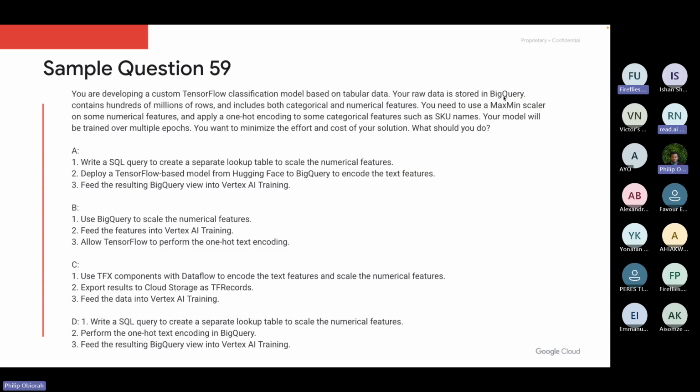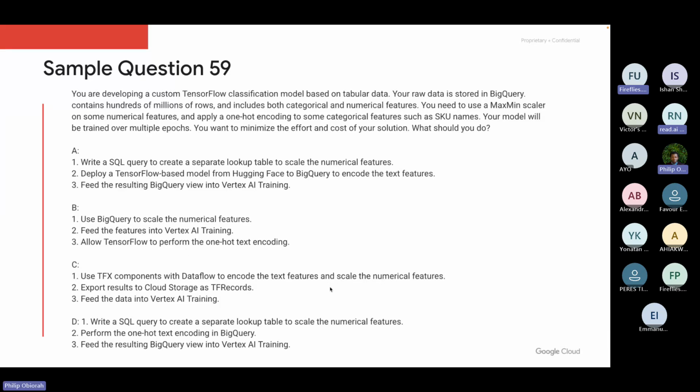It's already in BigQuery. So you can see minimize effort and cost. You're writing your SQL to do numerical features. You feed the features into Vertex AI and then allow TensorFlow to perform one-hot encoding. All right, so the option here is B.